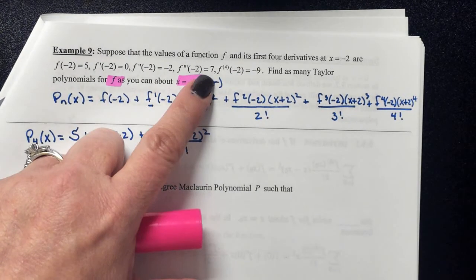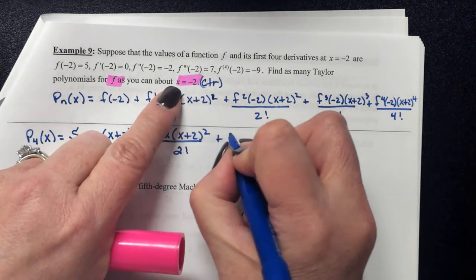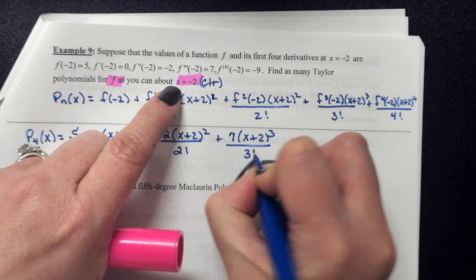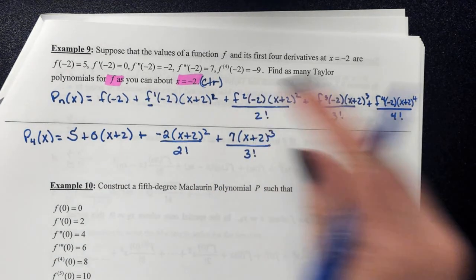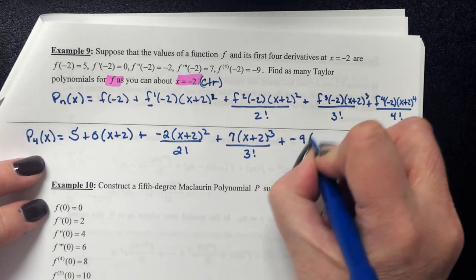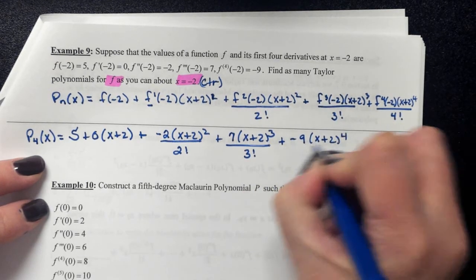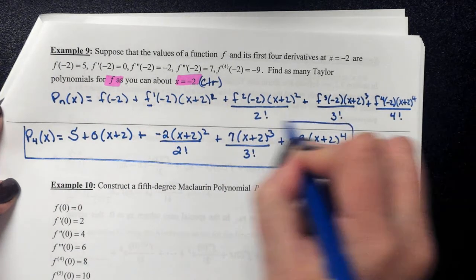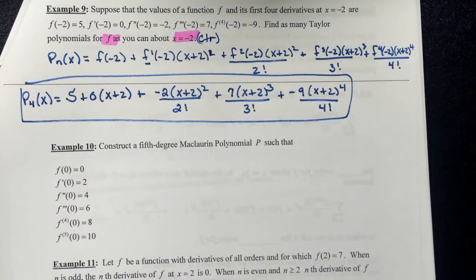They're telling you the third derivative is equal to what? 7. And then finally, they're telling you the 4th derivative is equal to what? -9. And like I said, do not simplify. Leave it alone. That's it. If you obviously did not write this second term, that absolutely would be fine as well. All right? So any questions on generating that one?